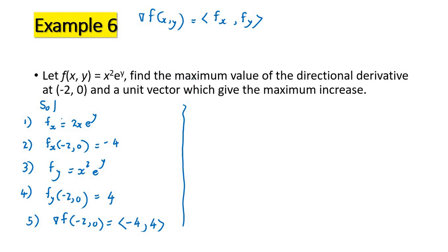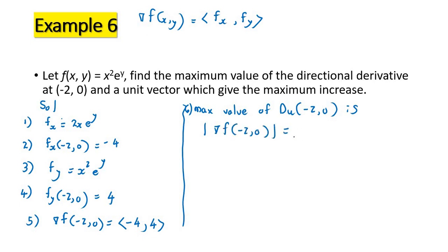So now, number 6, the maximum value of the directional derivative. The maximum value of the directional derivative at the point (-2, 0) is actually the magnitude of the gradient vector at the point (-2, 0).